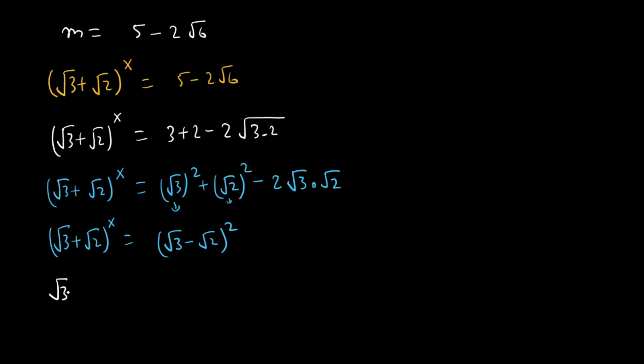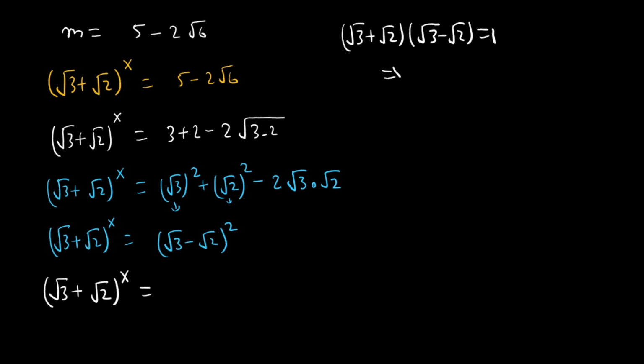(Square root of 3 plus square root of 2) whole power x equals, we know that square root of 3 plus square root of 2 multiplied by square root of 3 minus square root of 2 equals 1. This implies square root of 3 minus square root of 2 equals 1 over (square root of 3 plus square root of 2).